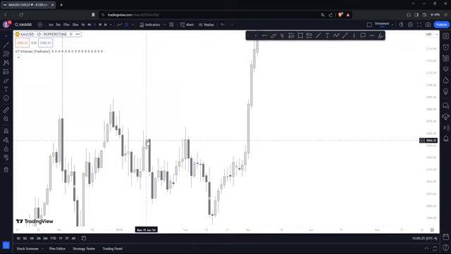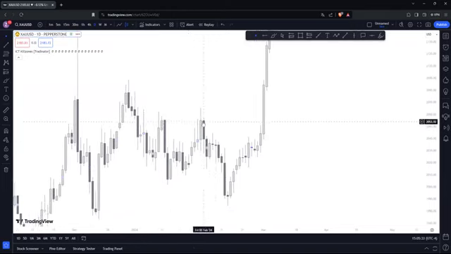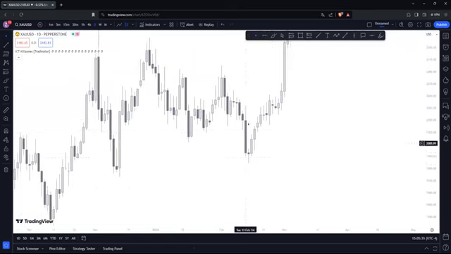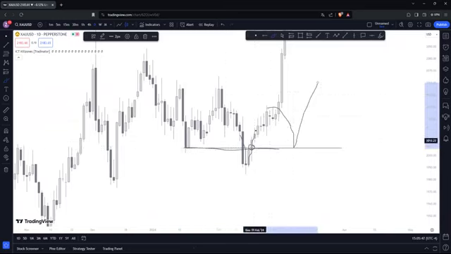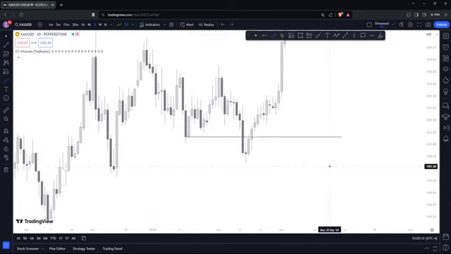So when you have an A level that is quite hidden before the bigger A level, you're going to have an A level that is behind the bigger A level. So an example right here. You have a V level that is before a bigger V level than it, so it gets broken twice. Once here, twice there, so it becomes a QM in the future. If the price ever comes back, it will act as a QM.